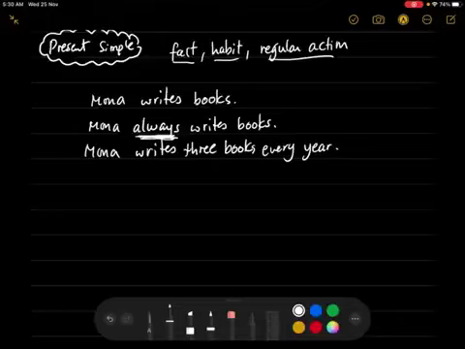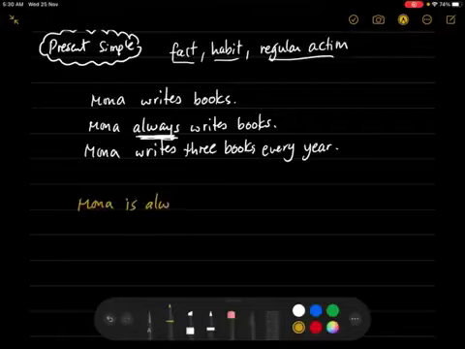And if the main verb is verb to be, it comes after verb to be. But for all verbs, even state verbs like seem, it comes before the main verb.